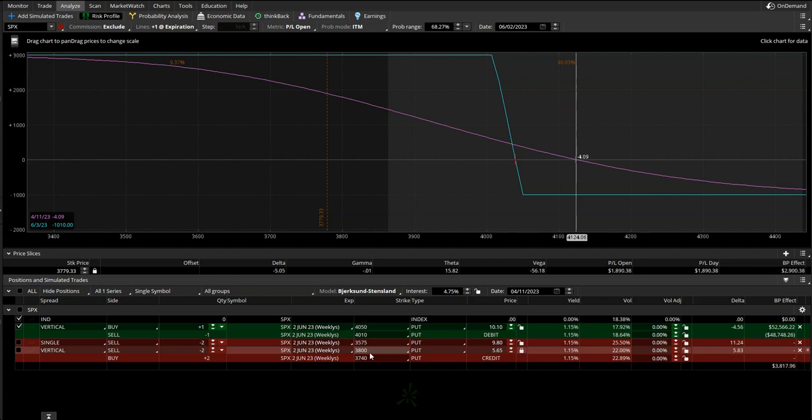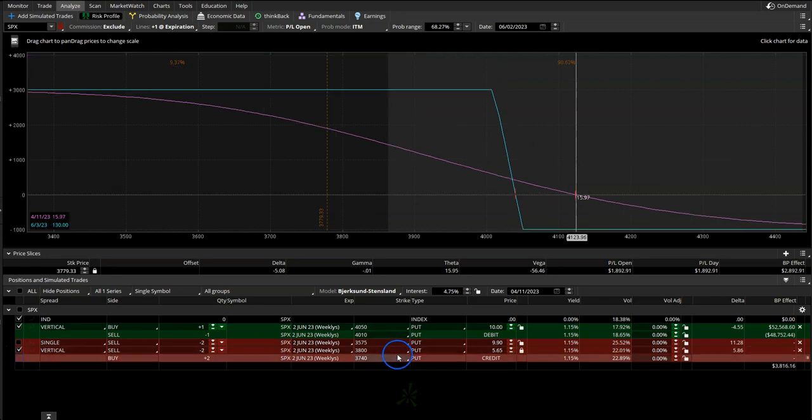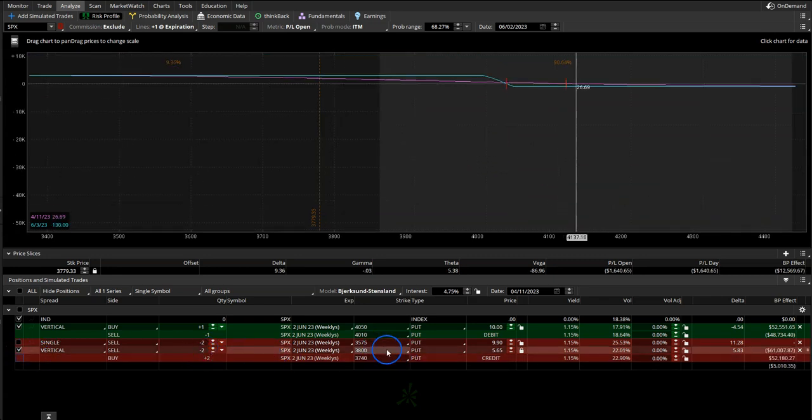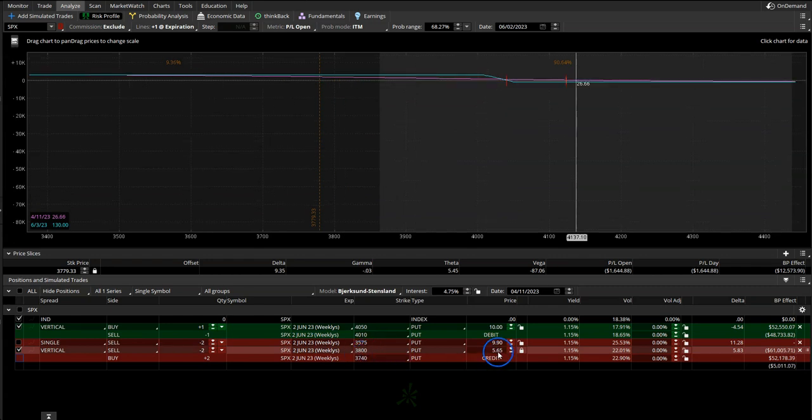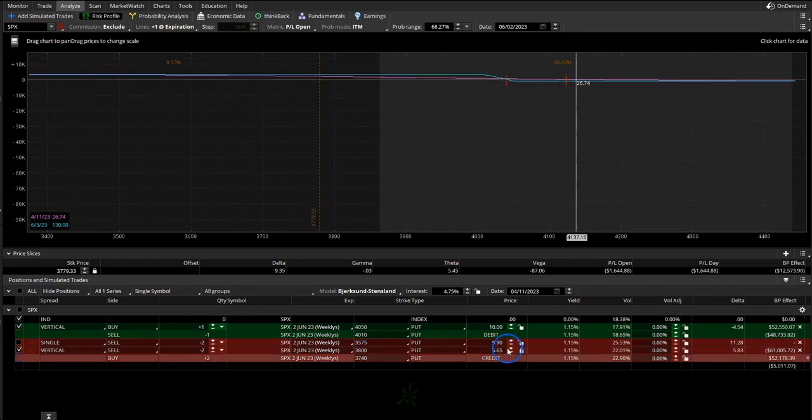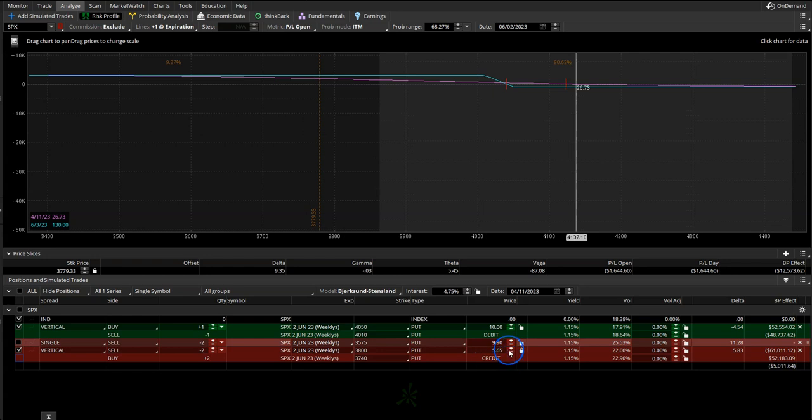But if we look for, let's say, a 60-point wide put credit spread, and we're going to try to sell 2 of these put credit spreads, what we're going to collect for the put credit spreads has to equal or be more than what we are paying for the 1 put debit spread, right?